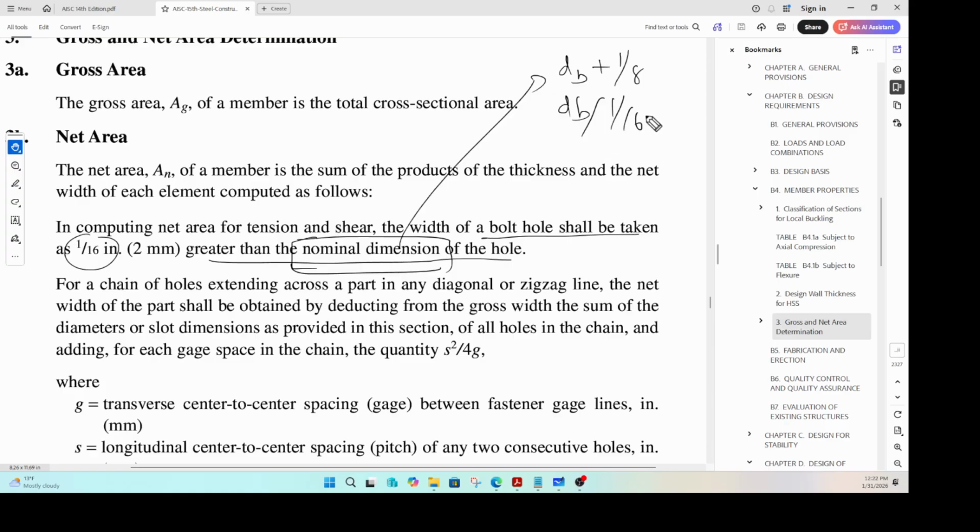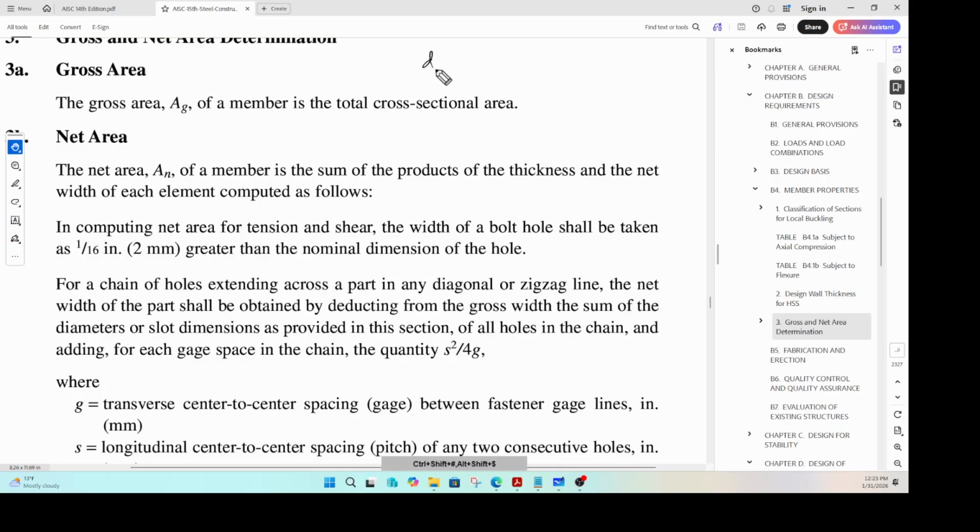And this is when your diameter of the bolt is less than 1 inch, whereas if your diameter of the bolt is equal to or greater than 1 inch, then this is the nominal diameter. To these, you again add another 1/16. Okay, that's how you calculate your DH.